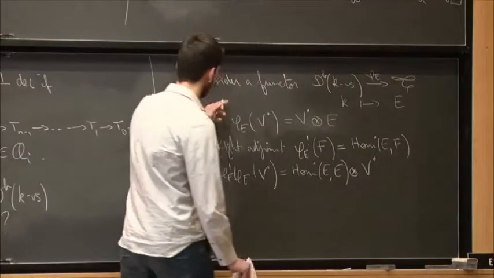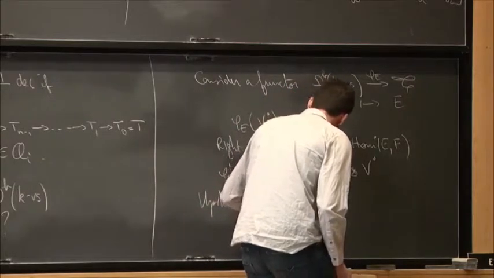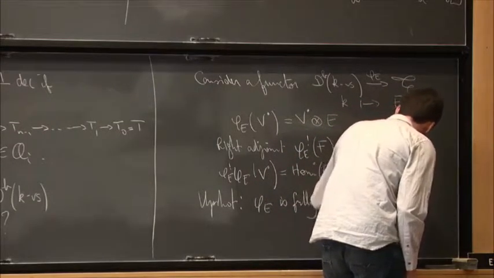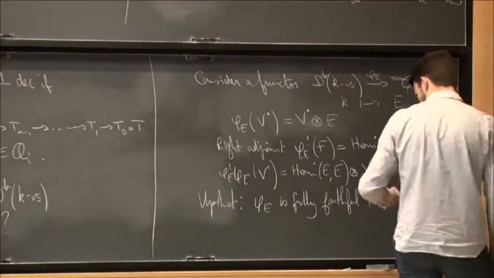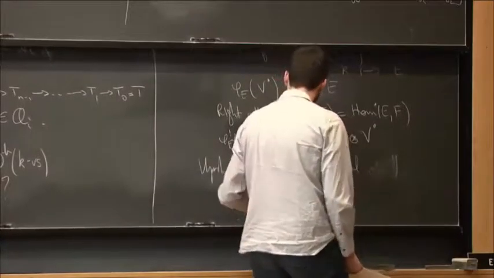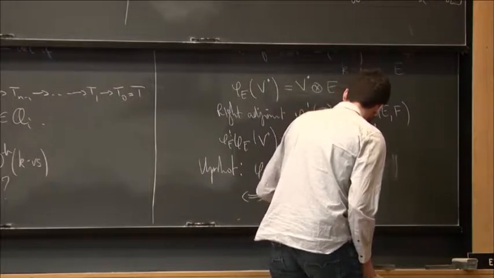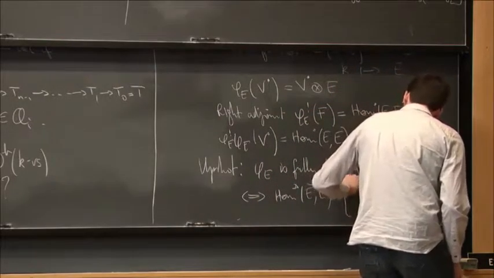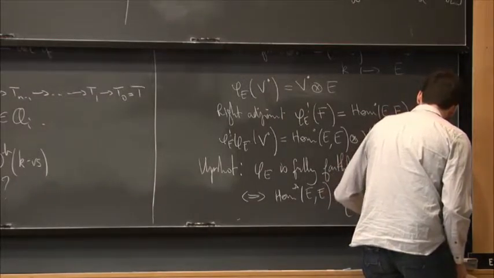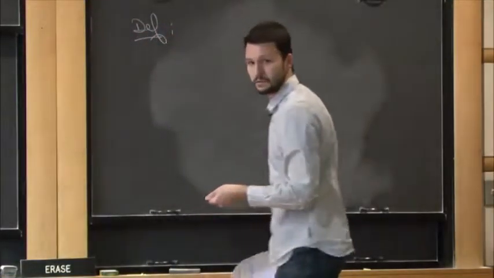So basically the upshot is that this functor phi_E is fully faithful if and only if Hom star of E, E is k in degree 0 and 0 otherwise. This leads to the definition, very classical, of an exceptional object.